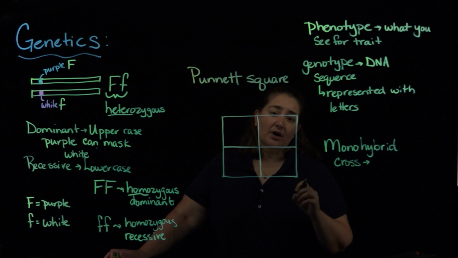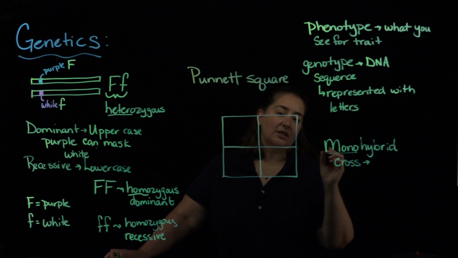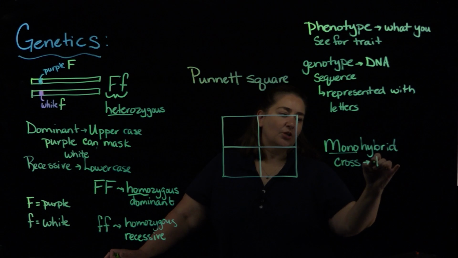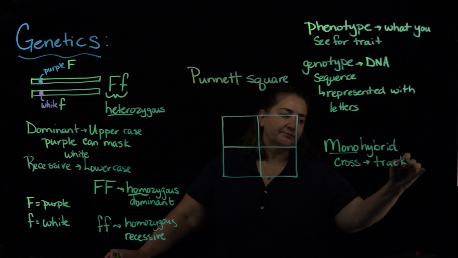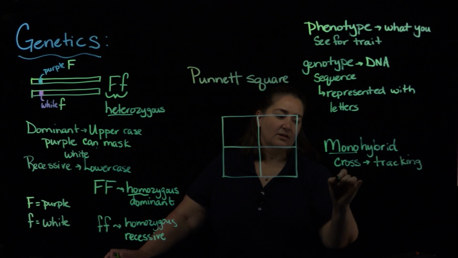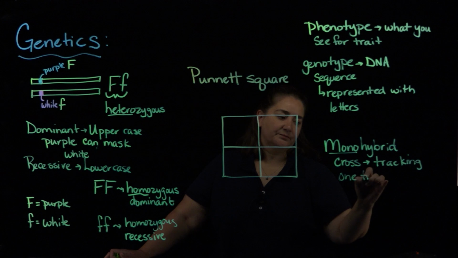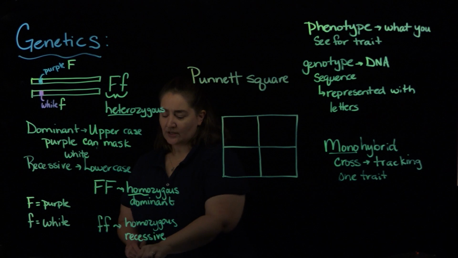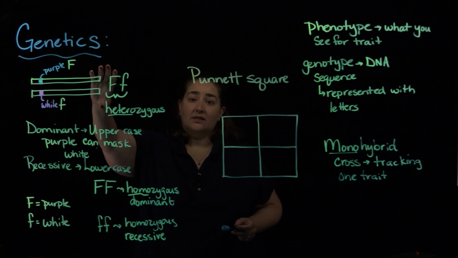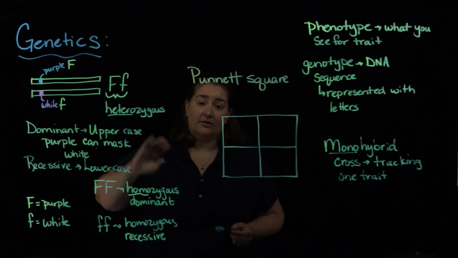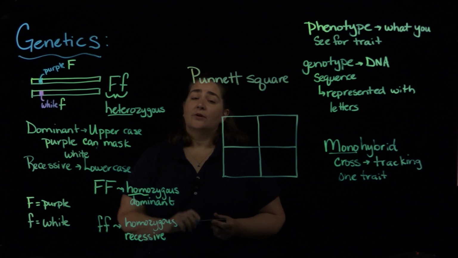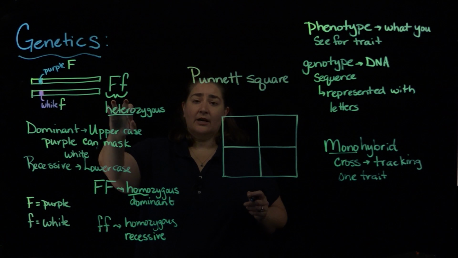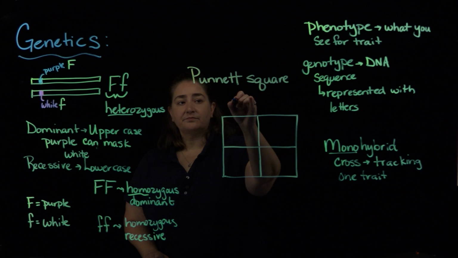With a monohybrid, mono meaning one, you are tracking one trait. In this case, the trait that we're tracking is going to be flower color. So what we're going to do, we've got up here our heterozygous example.